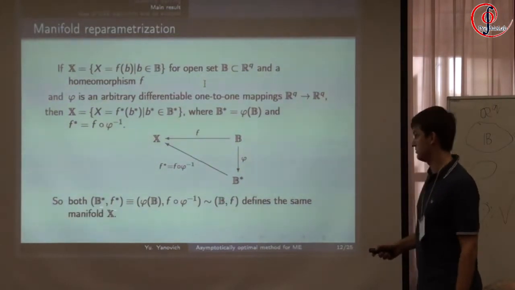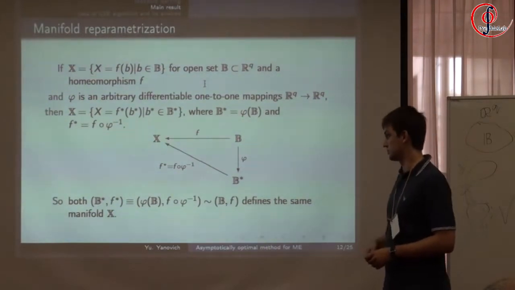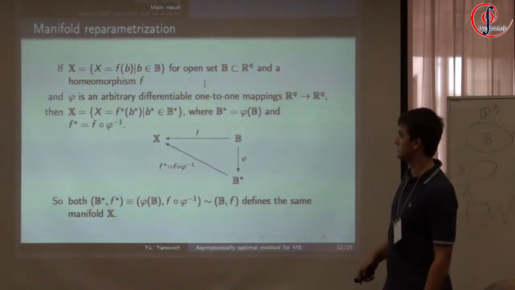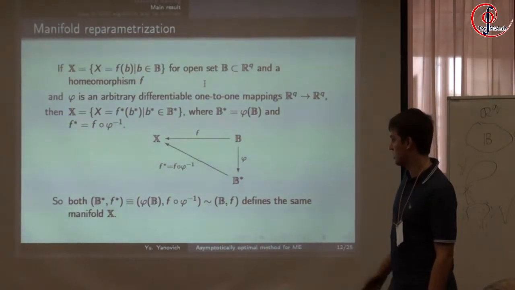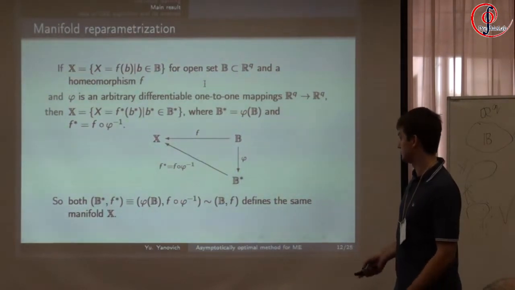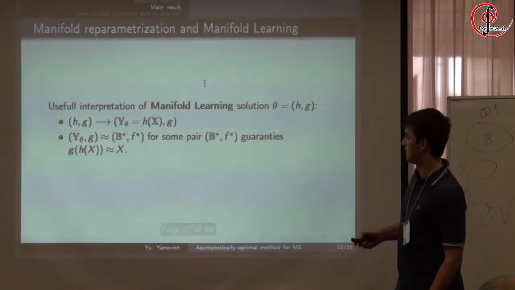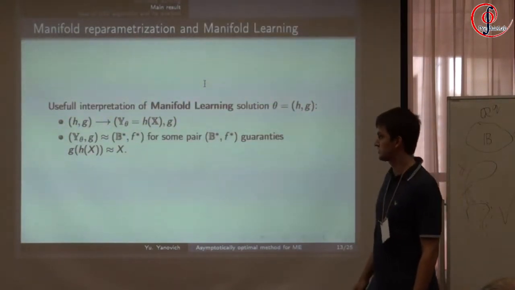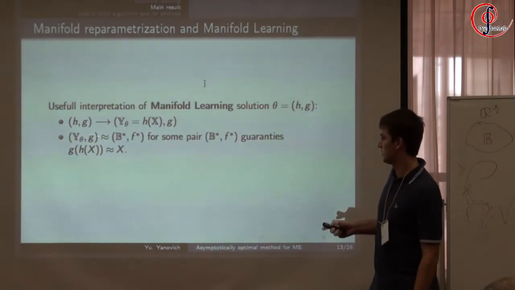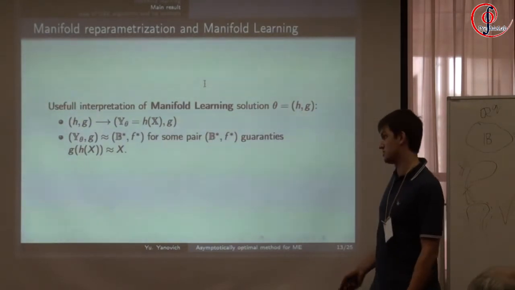So this pair defines the same manifold, and using only training points from high dimensional space, one cannot say which pair defines our manifold. So if our manifold learning solution, our pair, provides the low dimensional set and mapping which are close to some manifold parameterization, then the solution is rather good.